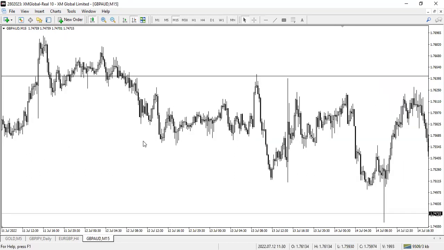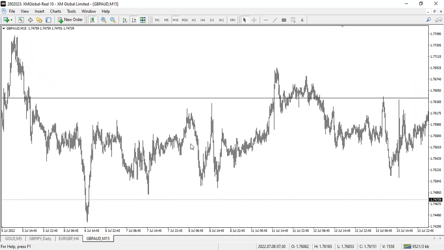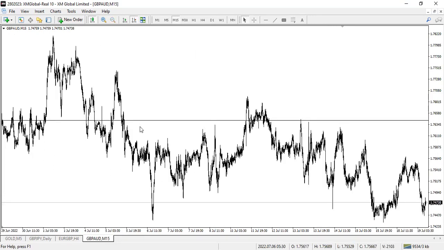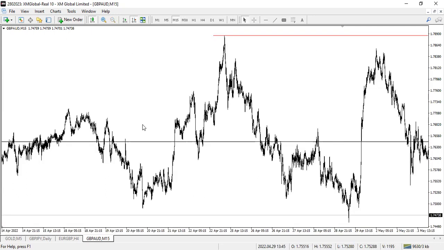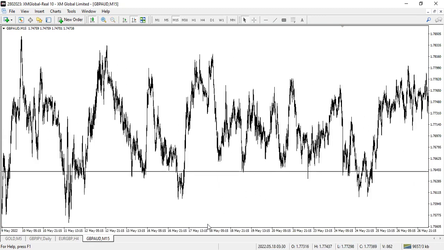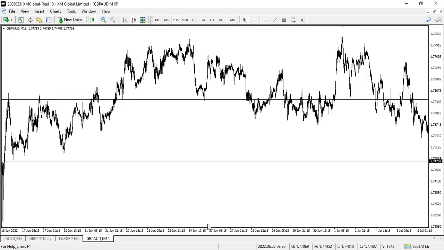I prefer M15 for my reasons. So now on M15, this is how it looks. We expect a break below this.